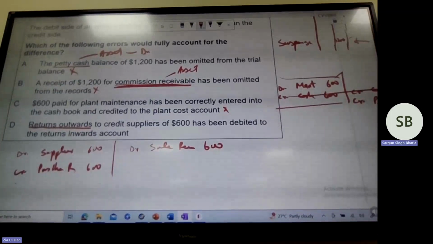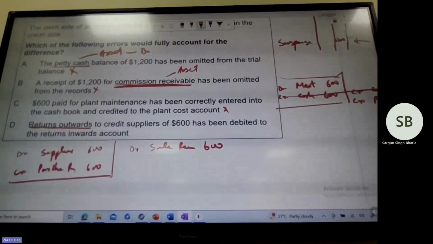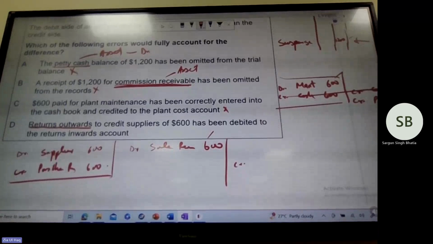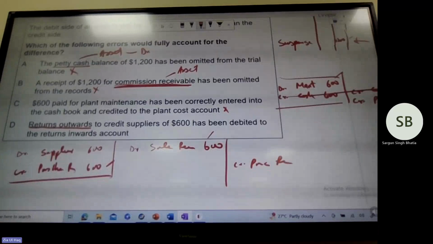So this should be the right entry. What we have done is debited the return inward account. How can we correct it? We should credit this purchase return with 600, and we should eliminate this sale return that we have wrongly recorded by crediting sale return 600.